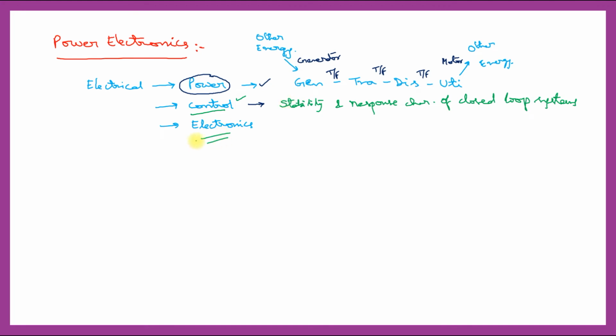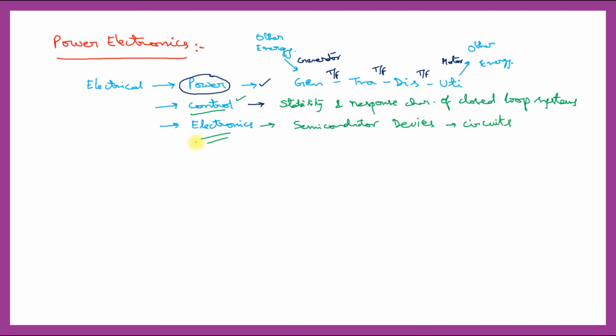Now coming to electronics. Electronics basically contains semiconductor devices. Based on these devices we can make circuits where we can control the necessary things.